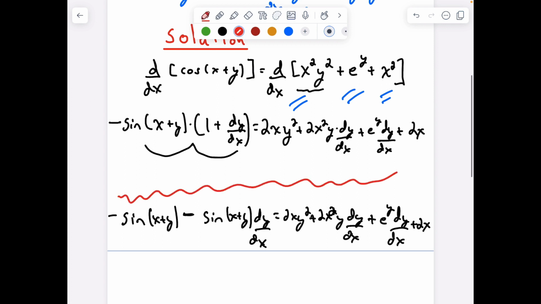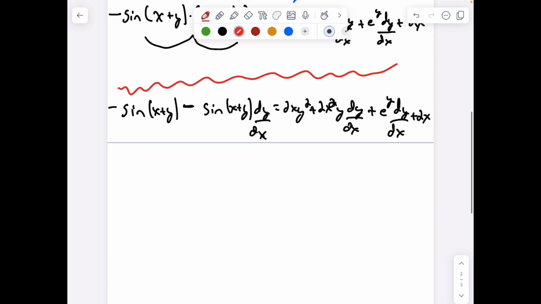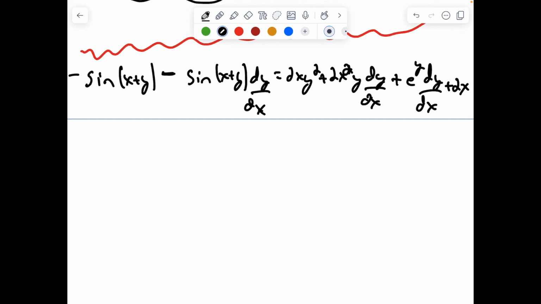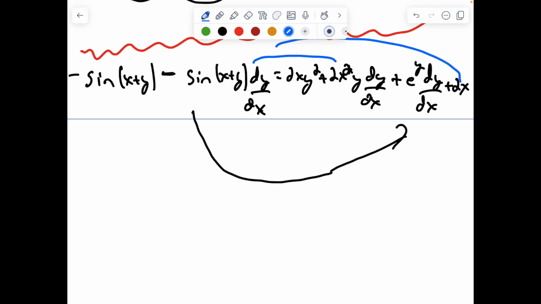My next task will be to get all the dy/dx's on one side and everything else on the other, so I'll try to isolate dy/dx. I'm going to add this minus sine(x plus y) dy/dx to the other side, and I'm going to move the 2x and the 2x y squared onto the other side.